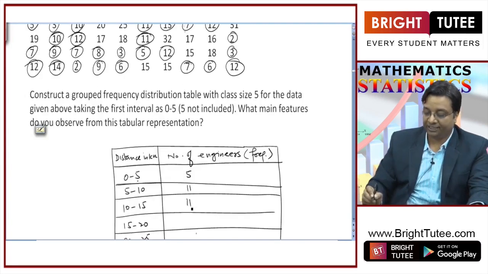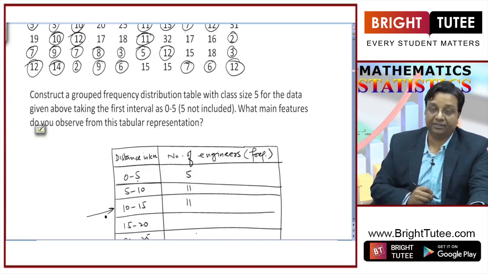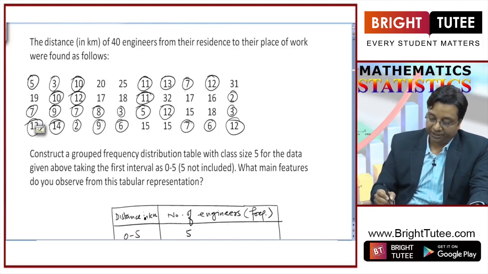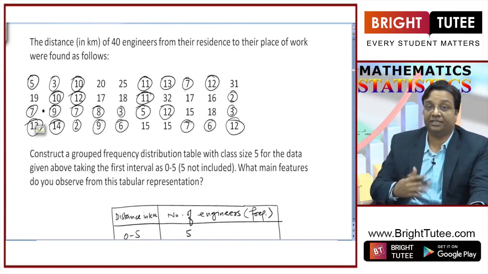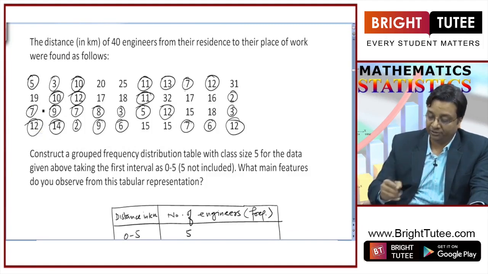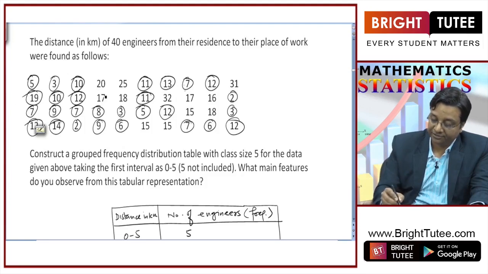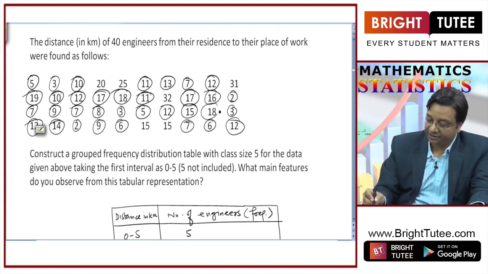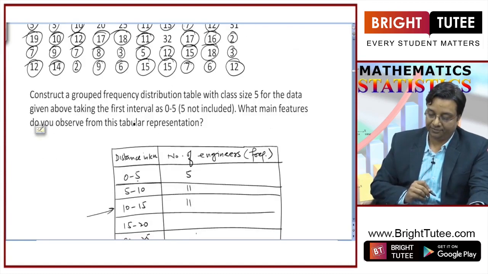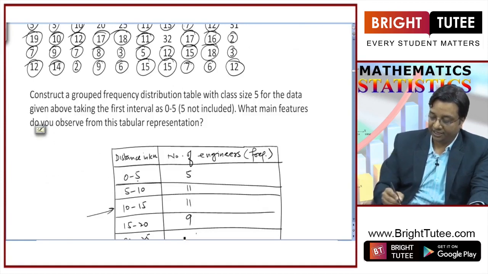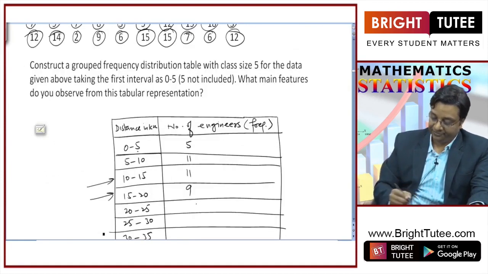So 11 engineers are in this class. 15 to 20. This time 15 will be included but 20 will not be included. So between 15 to 20 we have got 1, 2, 3, 4, 5, 6, 7, 8, 9. 9 engineers are there in this class.